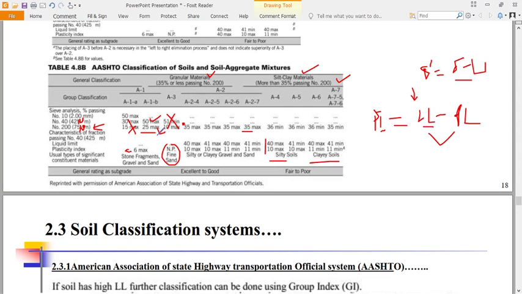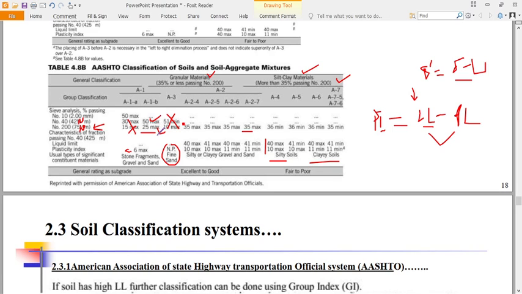So for material which has more than 50% retained or less than 50% passing sieve number 200, then that material becomes coarse grained. And if it's more than that, then it's fine grained.